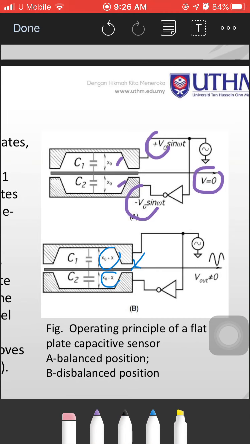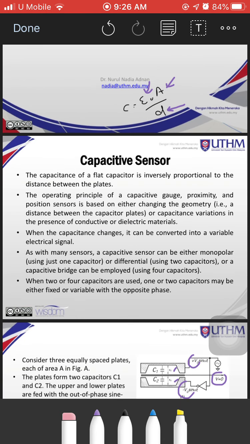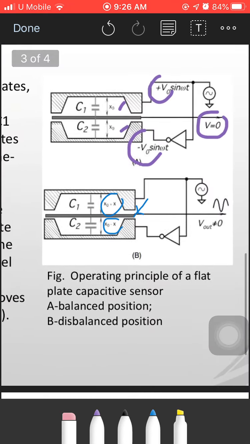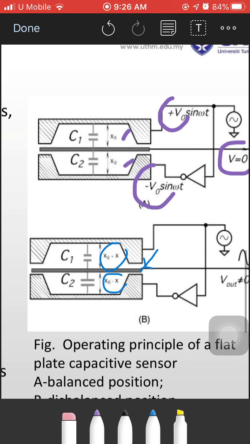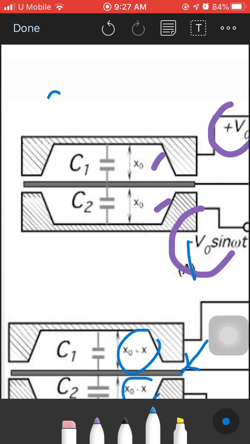So how do we calculate the value of capacitance in C1 and C2? Previously, we mentioned that capacitance can be calculated using this equation: C is equal to epsilon naught A over D. The original value for C1 and C2 is C is equal to epsilon naught A over x naught.